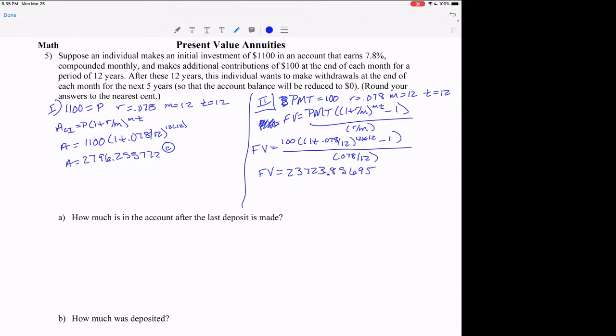Now, you really don't want to round here, so that's going to be stored into D. So how much is in the account after the last deposit is made? That's going to be your A sub CI plus your future value. And that I'm going to store in E. And that will be our present value for part C.